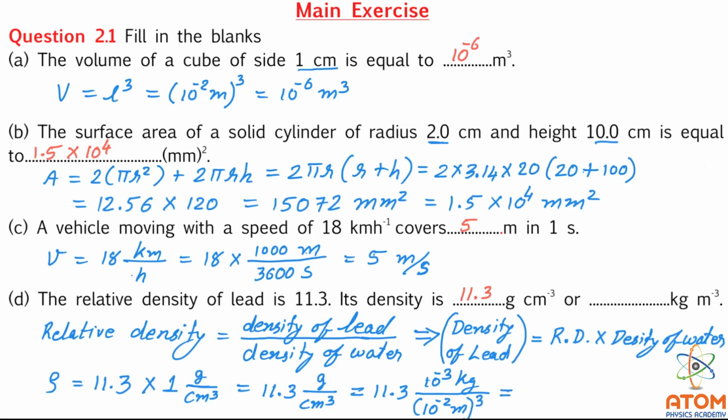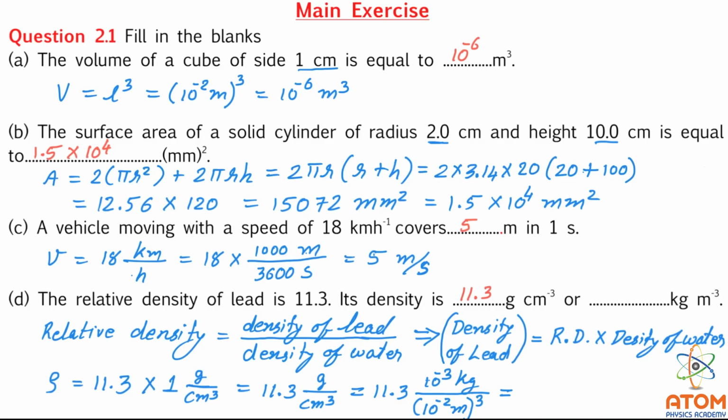I repeat, we know that 1 kilogram is 10 raised to 3 gram. So 1 gram is 10 raised to minus 3 kilogram. The same way 1 meter is 100 centimeter, that means 1 meter is 10 raised to 2 centimeter. So that way 1 centimeter is 10 raised to minus 2 meter and the cube is already there.